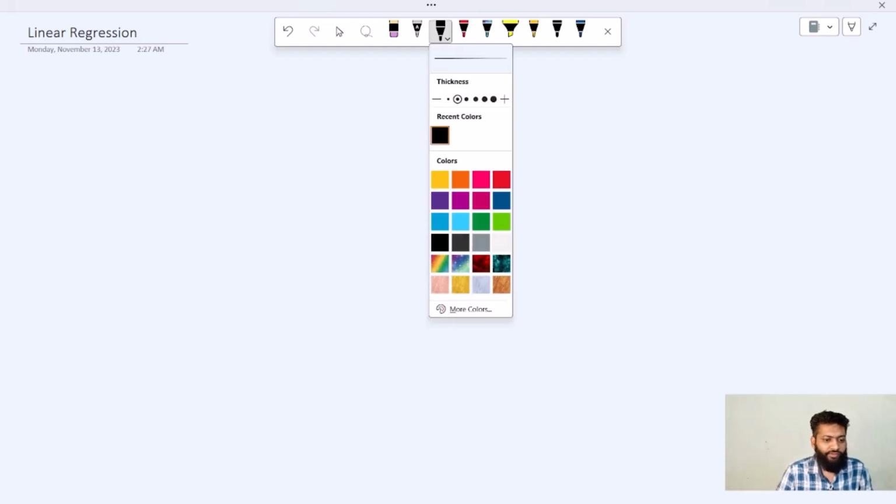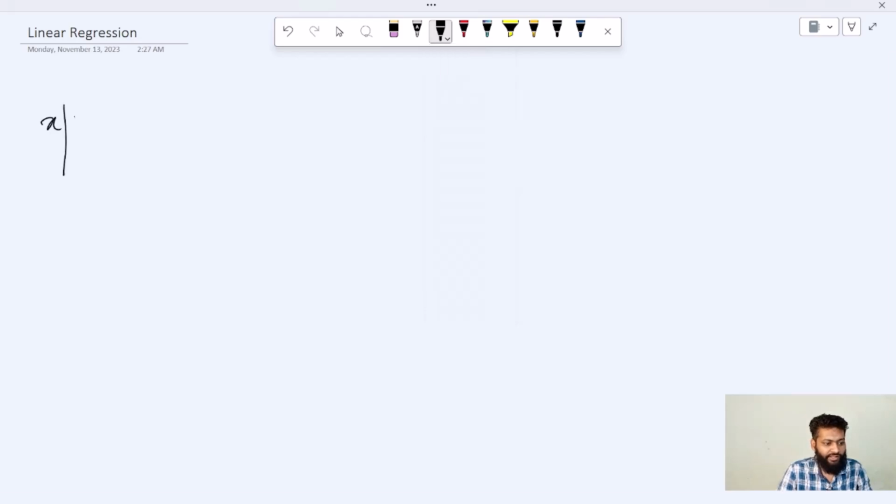So suppose we have a data set like this, where we have values of x and y. So x is equal to 1, 2, 4, 3, 2, and when the value of x is 1, then the value of y is 1.